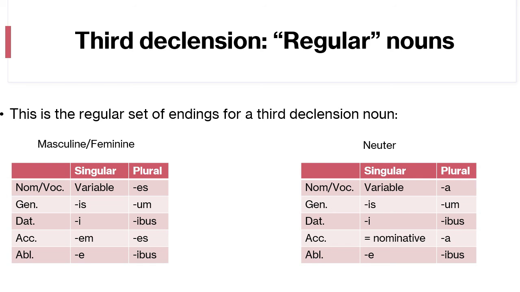The accusative is equal to the nominative because, as we have studied, nominative, vocative, and accusative in neuter nouns are the same, and the ablative is in -e. For the plural, we have the -a ending for nominative, vocative, and accusative, which we have seen even for the second declension nouns. Then we have genitive plural in -um, and dative and ablative are in -ibus, which is usually the ending which is the easiest to recognize.